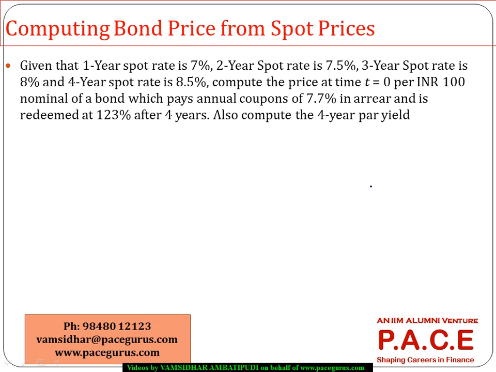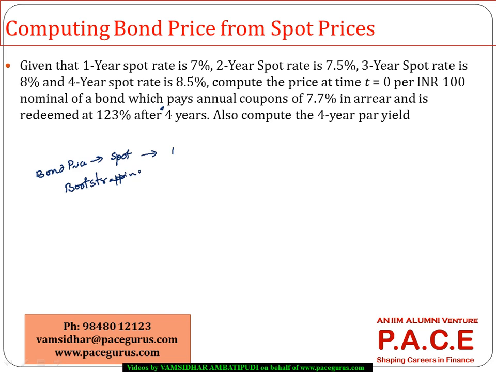Now we can see how we compute the bond price given the spot price. We have seen the mechanisms of how to compute the spot price from the bond price, typically through a mechanism of bootstrapping.